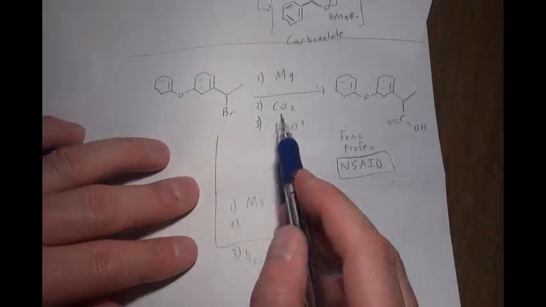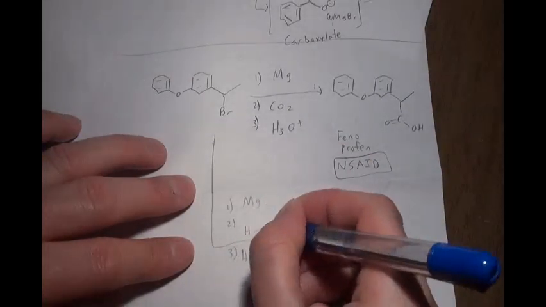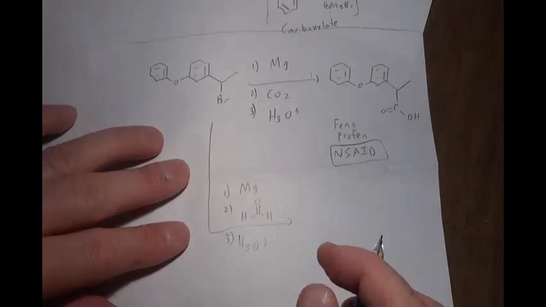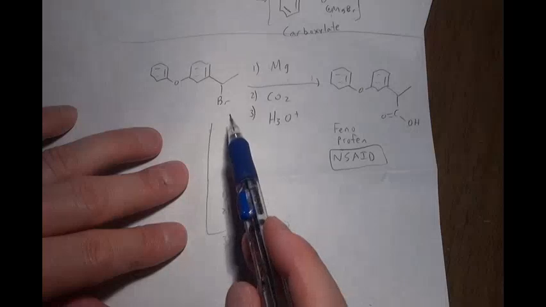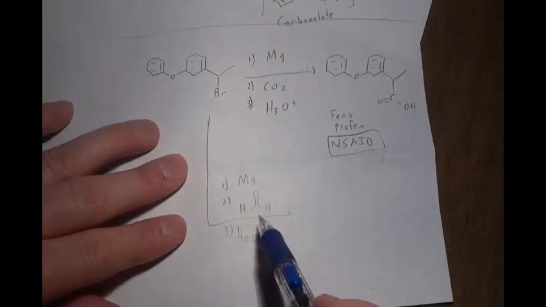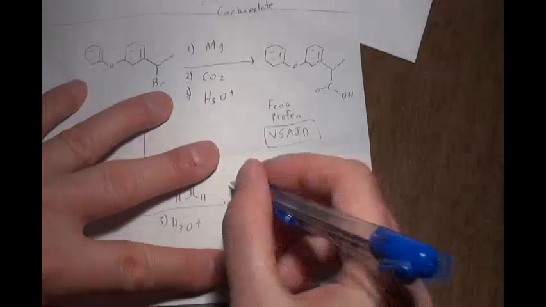A Grignard will attack a one-carbon electrophile, like formaldehyde, right? So this is kind of the same idea. Make a Grignard, attack formaldehyde, and then H3O plus. What's the product of that?